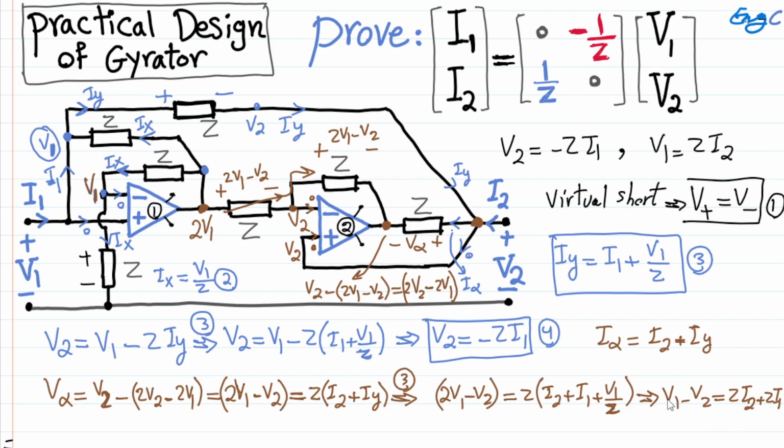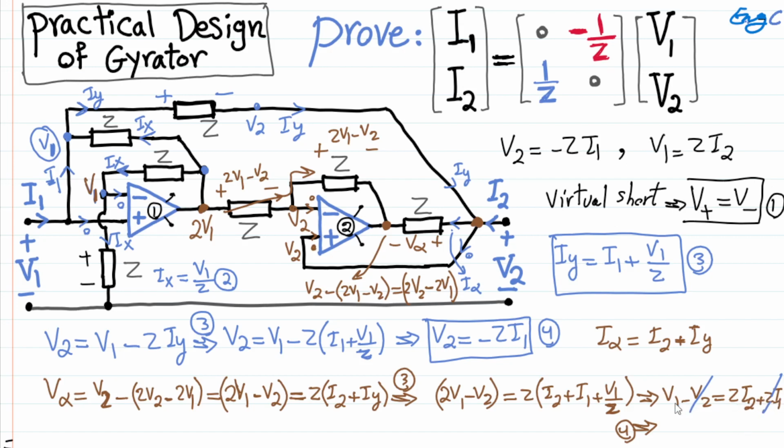Now, what is the benefit of this? Well, I can go back to equation 4. Z times I1, according to equation 4, is negative V2. So I can cancel out negative V2 with Z times I1.